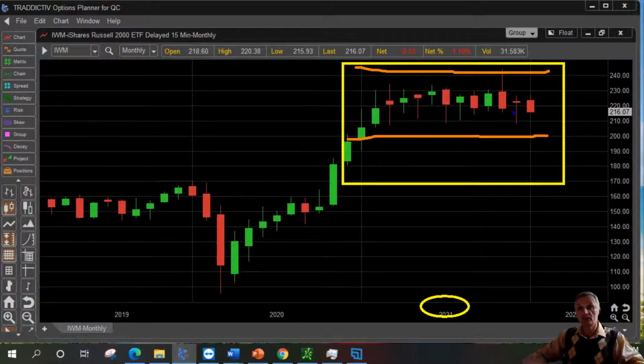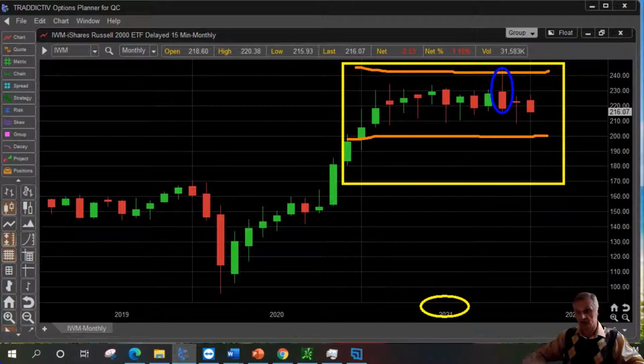So if you're looking right here, this is the November rally, but then we didn't have any Santa Claus rally, because obviously in December we closed lower than the November low.